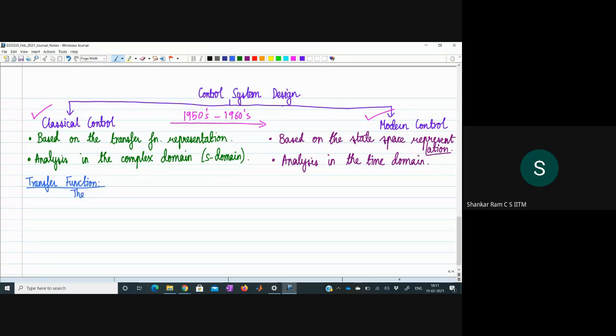So if you recall the general form, this is all recap. I'm going to go a little bit faster, just to refresh our memory.